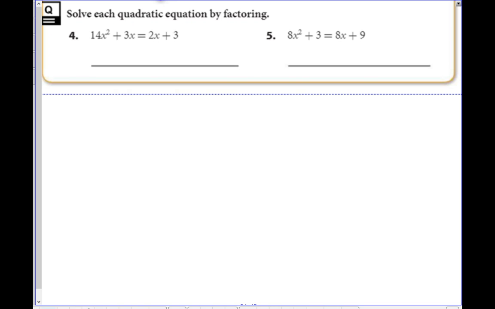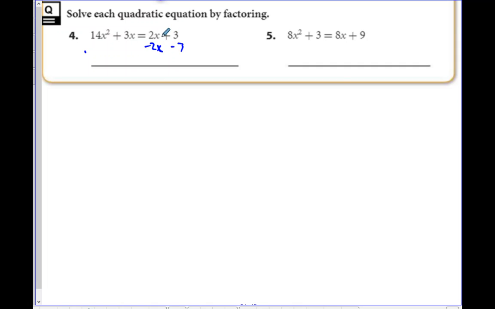So the your turn was pretty much like that. On number 4, you look at the equation, it's got x squared, so that tells us it's quadratic. That makes me think, I want to make it equal to 0 and try to solve it by factoring. So you subtract 2x from both sides and subtract 3 from both sides.